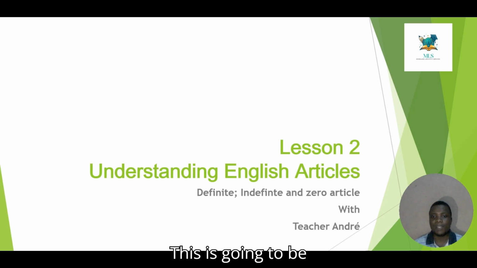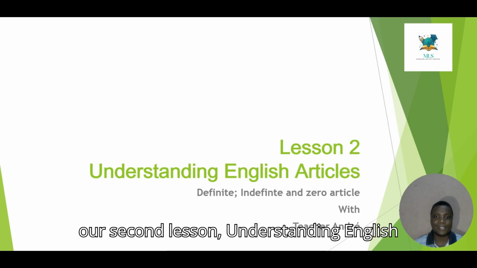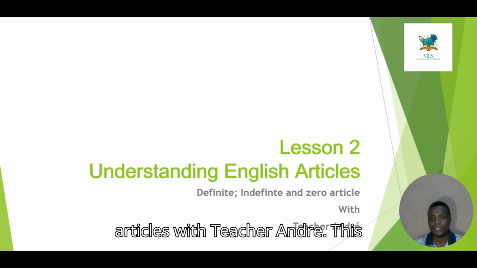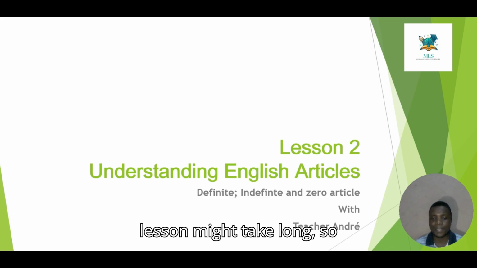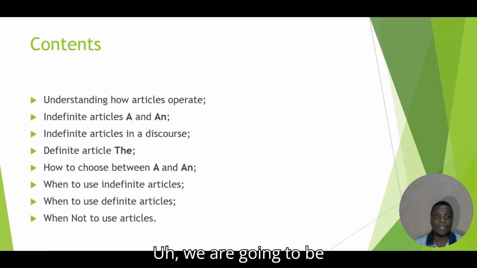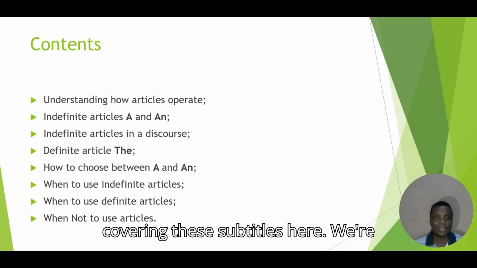This is going to be our second lesson, Understanding English Articles: Definite, Indefinite, and Zero Articles with Teacher André. This lesson might take long, so I think we should not waste time and get going. We are going to be covering these subtitles here.